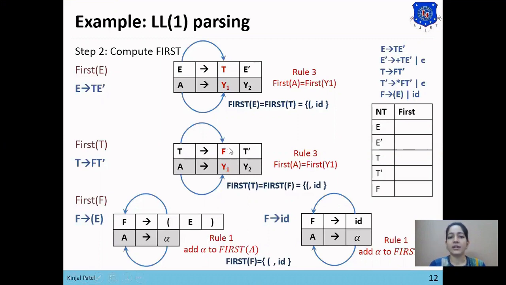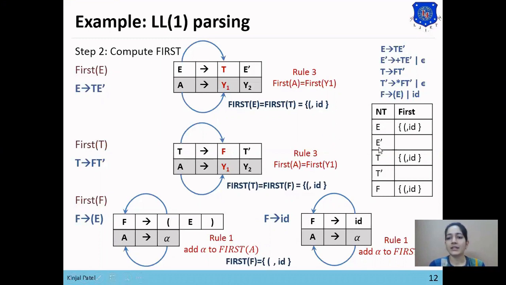Same, we'll check whether F produces null. As F does not produce null, no other non-terminals will be added into first of T. So here we will also maintain the table of first. As you can see, first of E, T and F has been found.